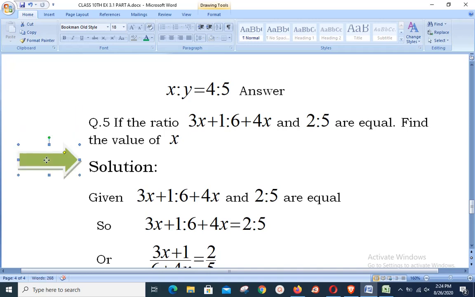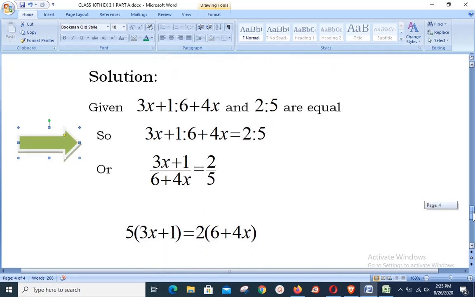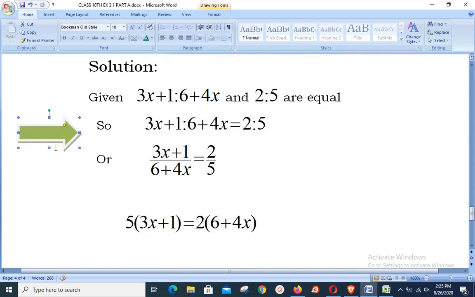Starting our solution, we are given 3x plus 1 ratio 6 plus 4x and 2 ratio 5 are equal, that is 3x plus 1 ratio 6 plus 4x is equal to 2:5. Writing in the form of a fraction, we can write 3x plus 1 whole over 6 plus 4x is equal to 2/5.